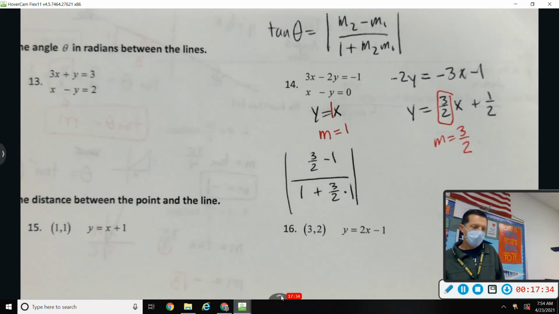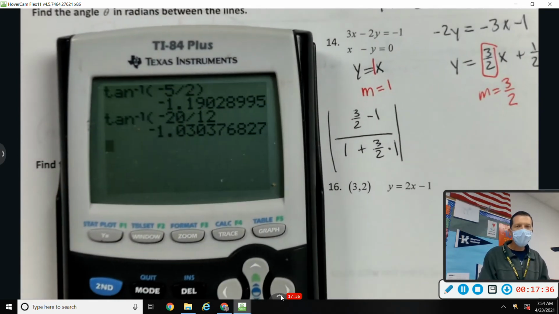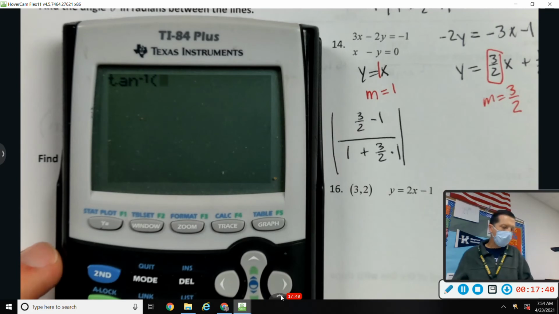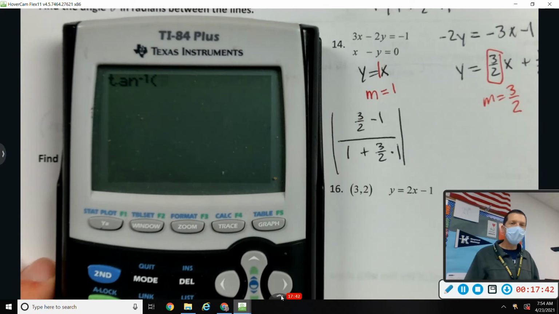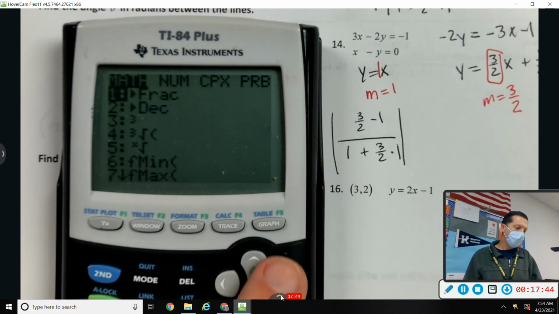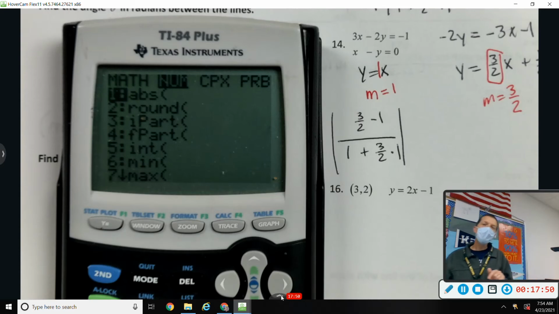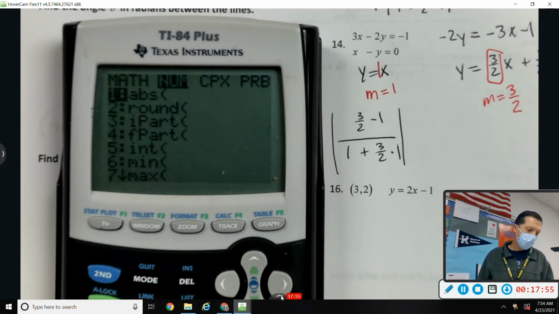Okay, so how do I do absolute value? So inverse tangent. I believe it is math to find the absolute value. And then scroll over to num for numbers. And abs. It's not talking about doing sit-ups all day long or planks. It's talking about absolute value.